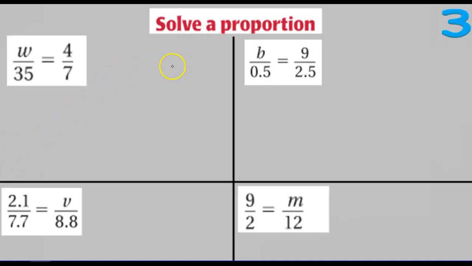Now, what we're given here are proportions. So what we're told to do is solve a proportion. In each of these proportions, we have one letter. This one is W, B, V, and M. Those are our variables. How we're going to solve proportions is we're going to look at these as two fractions, and we're going to cross multiply them. So we're going to diagonally multiply them on either side.